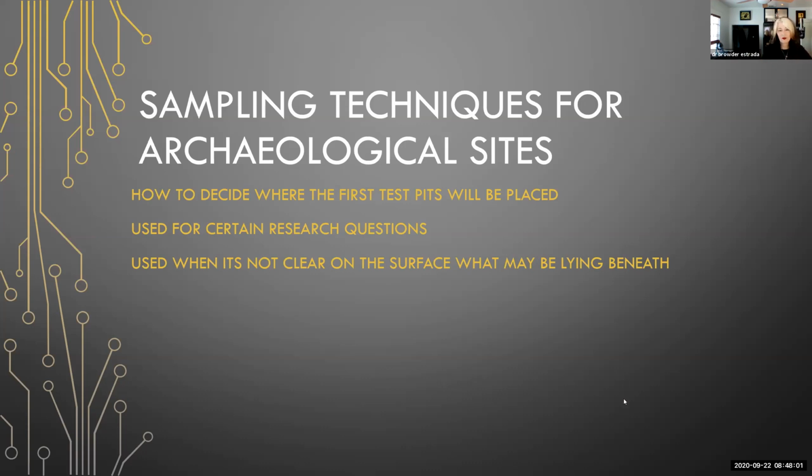So let's just look at this first. I wrote down test pits, but this can also be how to decide, the best that you can, on how to do some other basic identification techniques. Sampling techniques usually are put into place when we are first beginning the project.